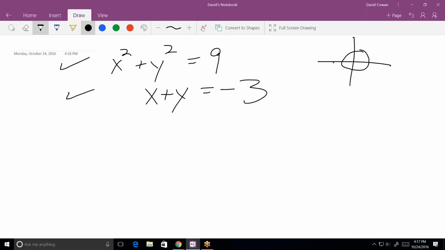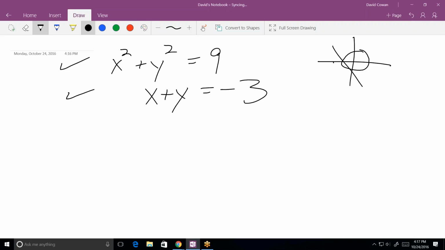This second equation is a linear equation. In other words, if I move the x over, I get y equals minus x minus 3. It's just a straight line with a negative slope. So I know it's going to look something like that.